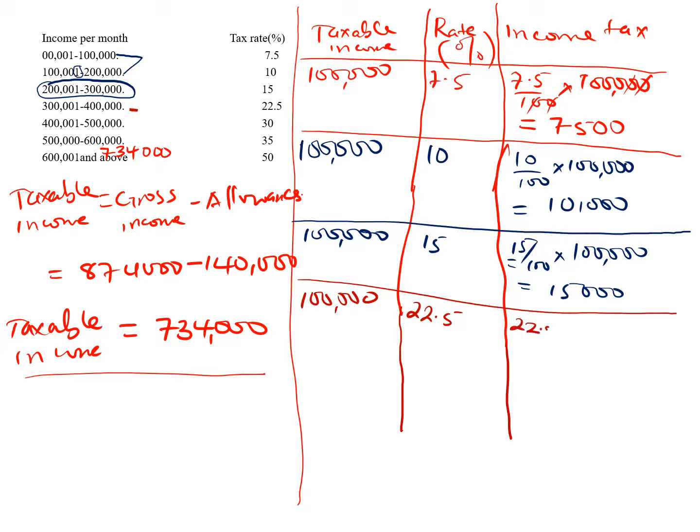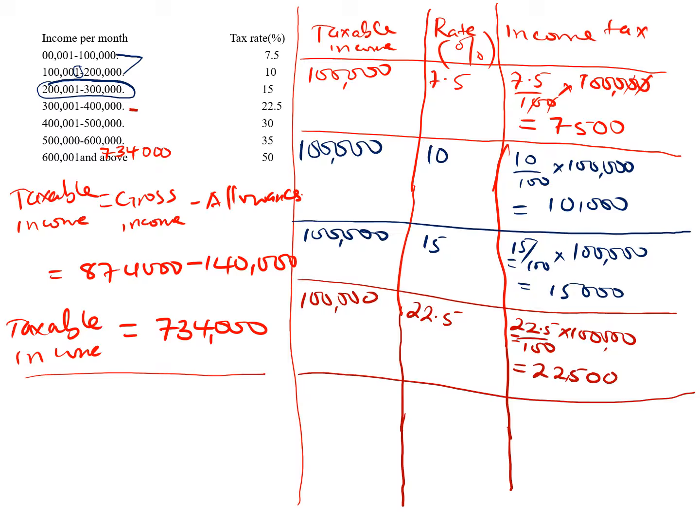Then here we shall say 22.5 out of 100, then times 100,000. And here we get our answer as 22,500.